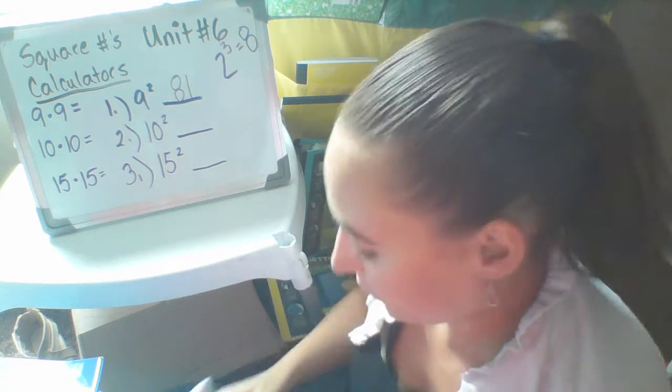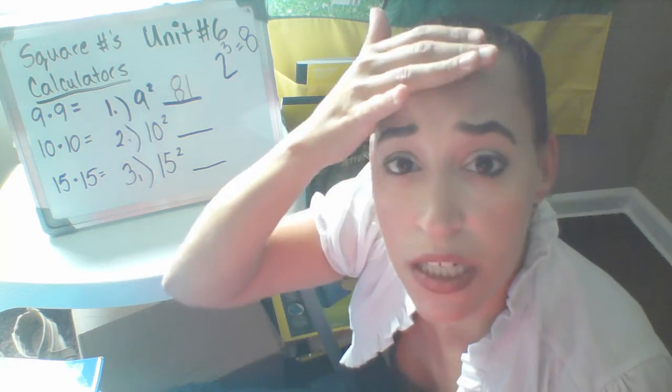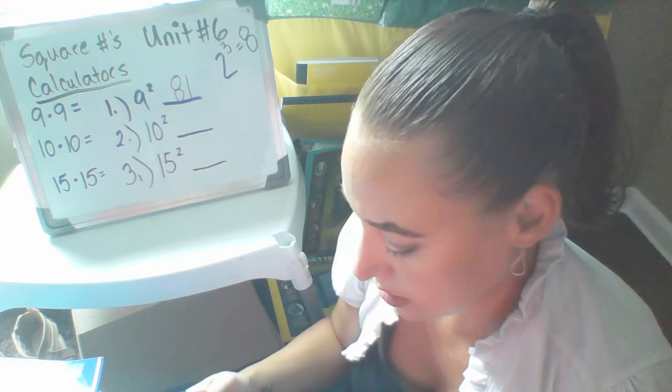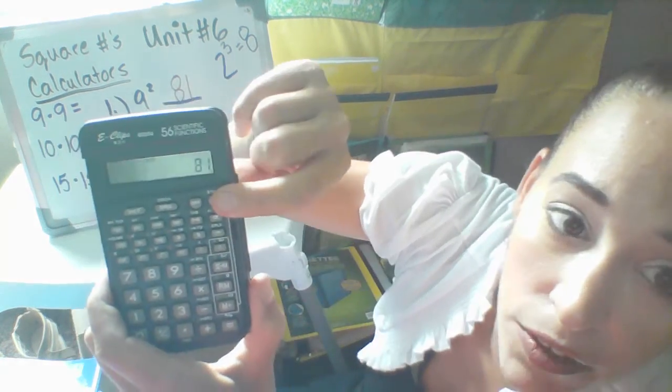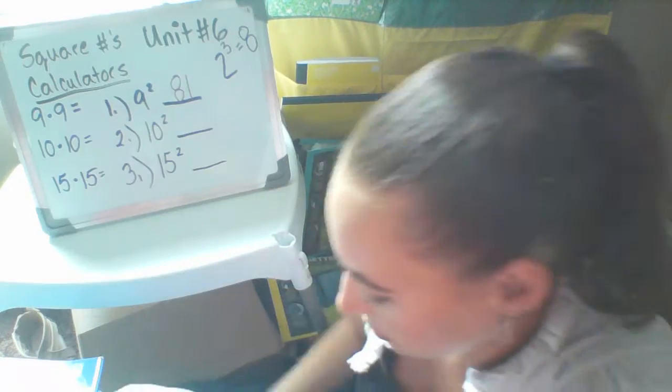All right. So remember I said 10 squared is 100. So I'm just going to, again, remember, clear it out. And I'm going to do 10. So I have 10. And I'm going to hit my squared button. And I get 100.